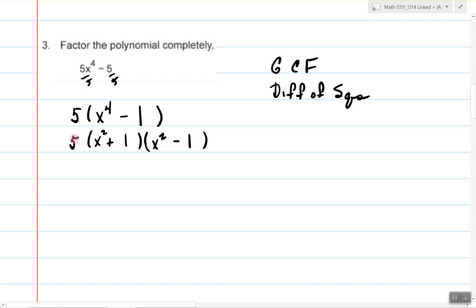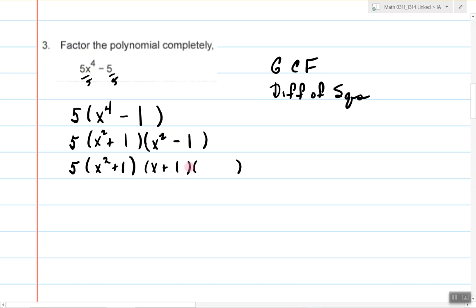I have a 5. I have an x squared plus 1, and remember, if it's the sum of squares, it's done. It's a prime factor. But the last binomial factor is still the difference of squares. So I'm going to bring down the 5, bring down the x squared plus 1, and factor this binomial into its factors.